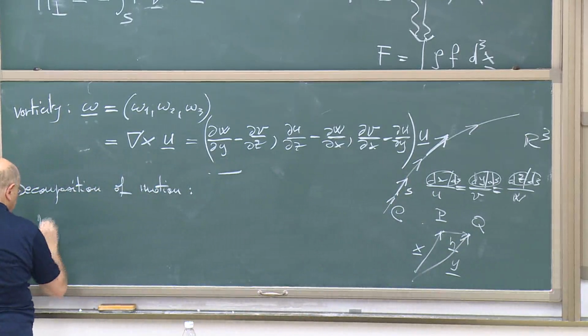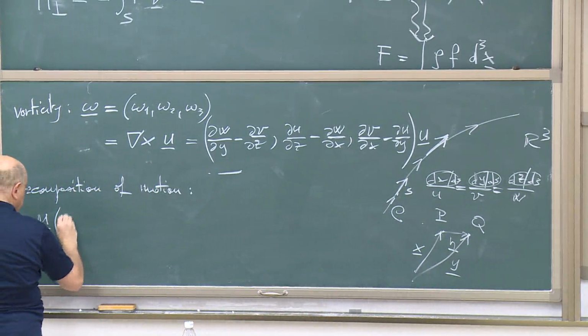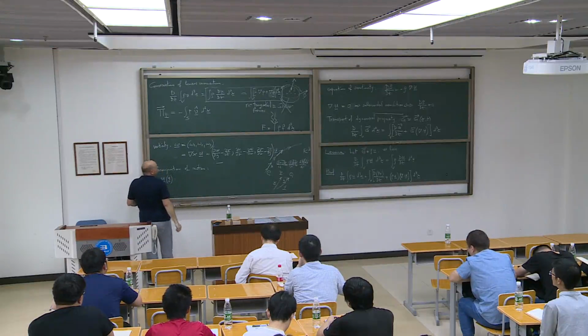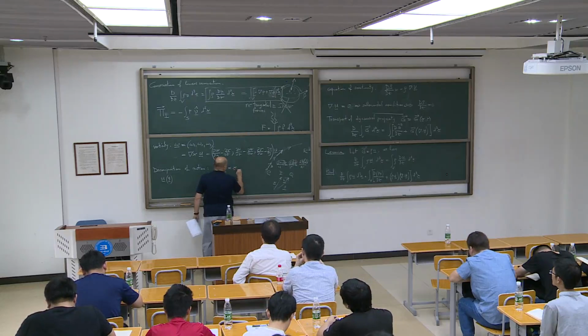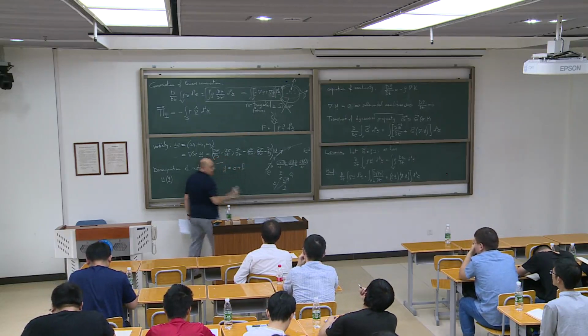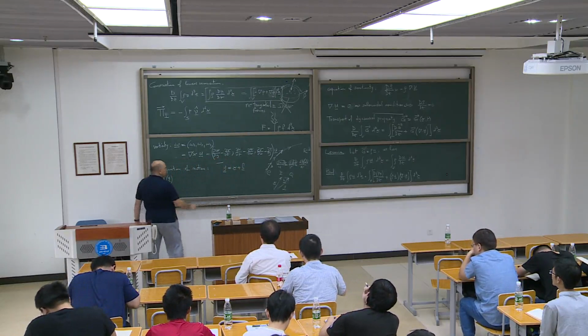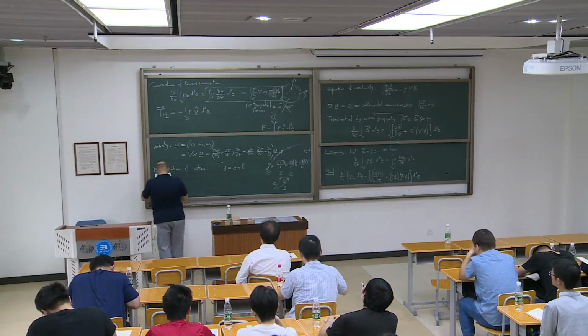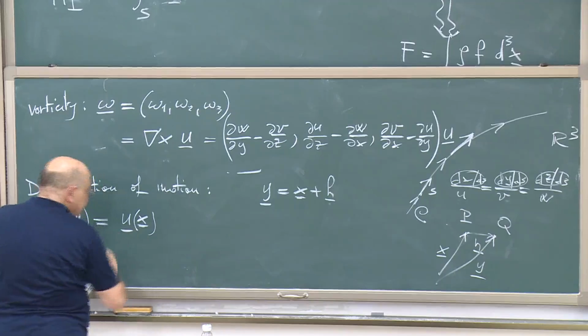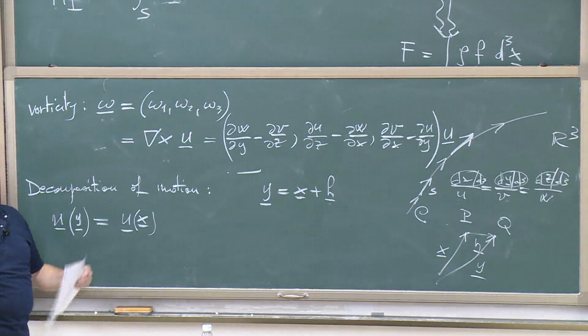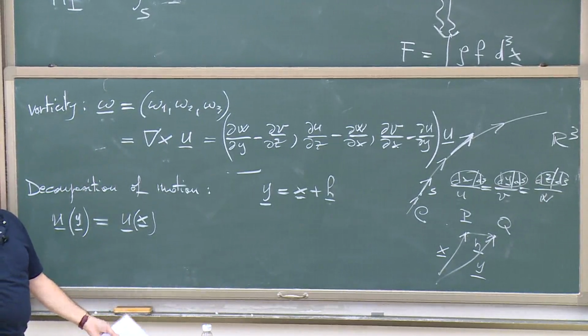So I say that the velocity u at y, where y is equal to x plus a little h, that stands for a little perturbation from this position, is given by u of x. We are doing nothing else than a Taylor expansion again.